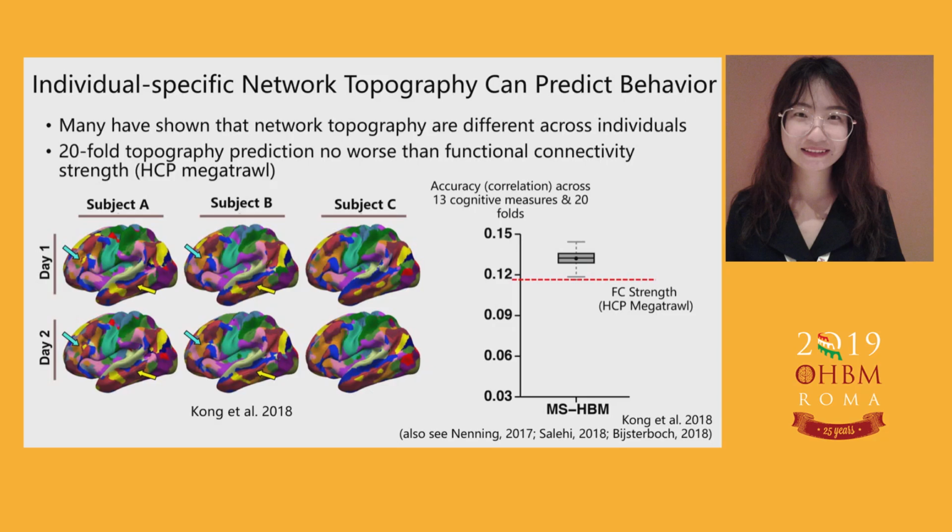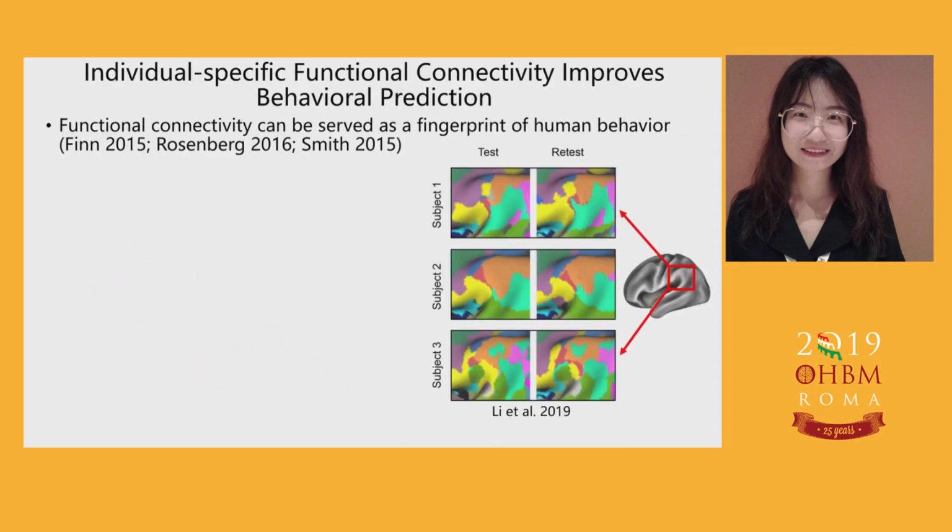The red line shows the prediction accuracy from the control, which uses the functional connectivity strength for behavior prediction. And we can see that using network topography is not worse than using functional connectivity strength for behavior prediction. So we just saw that the network topography can be used for behavior prediction.